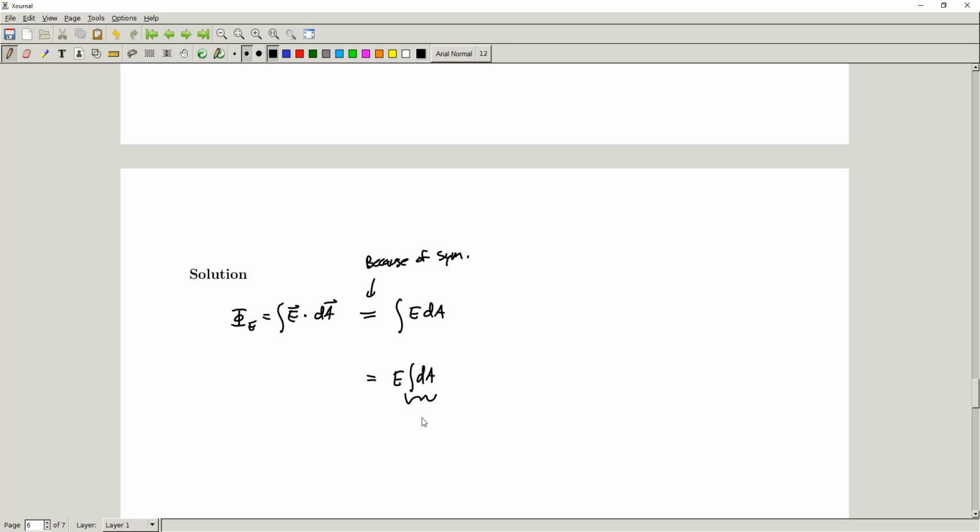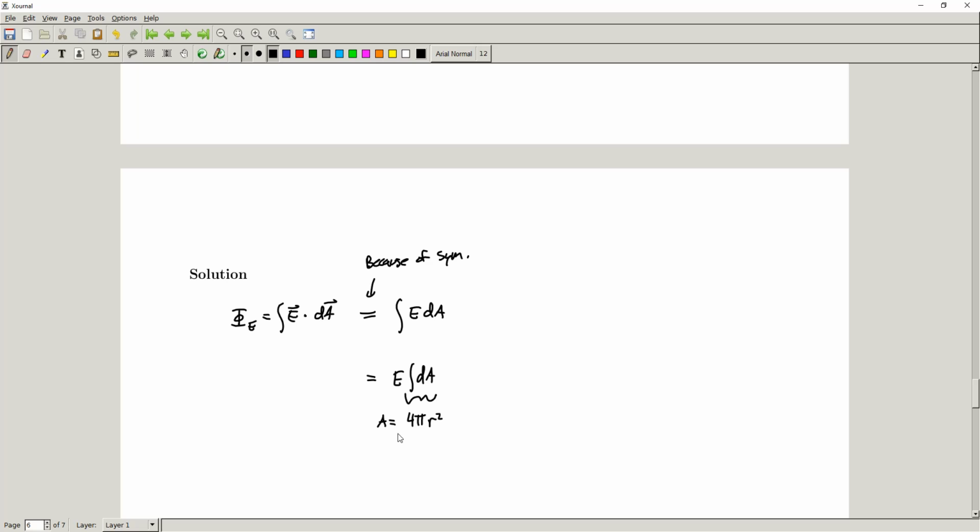We just know, or maybe we should know, that the surface area of a sphere is just going to be 4 pi r squared. Okay, and this is equal to A, which is equal to 4 pi r squared. This is just the surface area of our spherical closed surface. Okay, and so that's great.